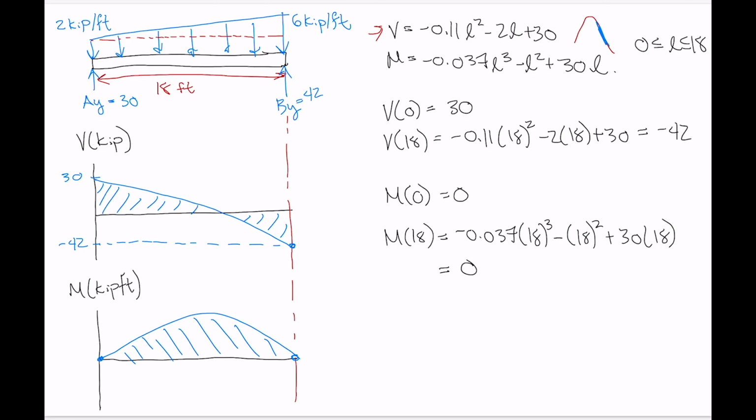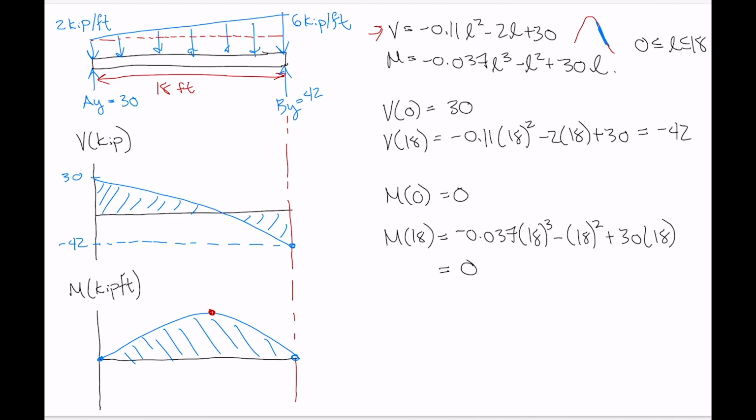All right, now what we need to do here is figure out what the maximum value of this curve is. So we can take the derivative of our equation for m, set that equal to 0 to find out where the roots are.